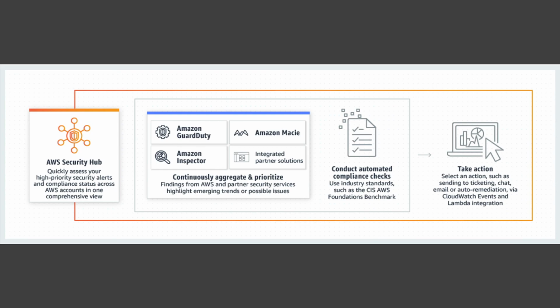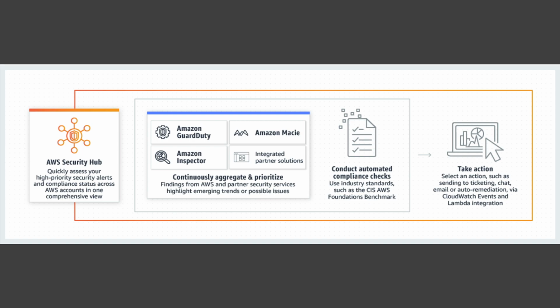So now this is a diagram showing how the architecture flow happens in Security Hub. First of all, Security Hub quickly accesses your high priority security alerts and security posture across AWS accounts in one comprehensive view. Then we have a combination of integrated services like GuardDuty, Inspector, Analyzer.